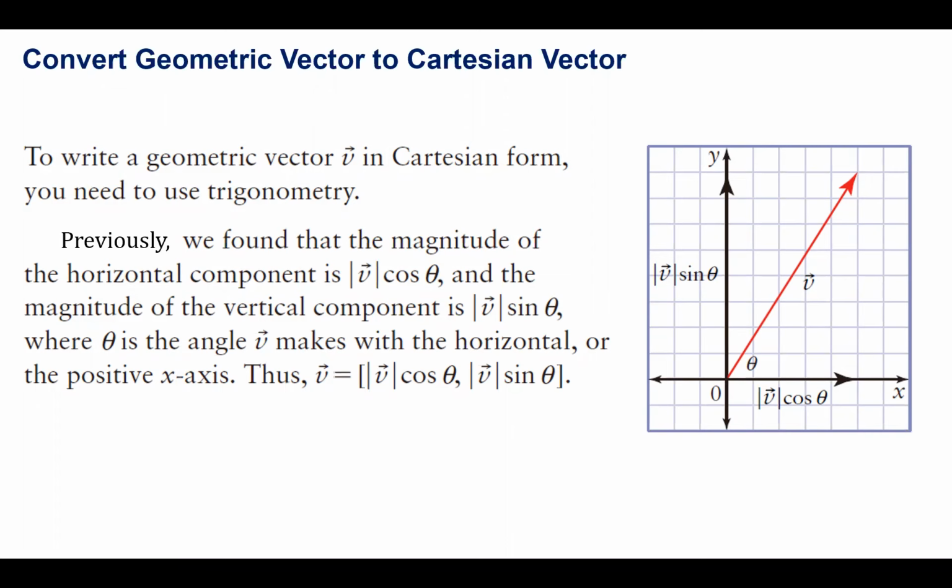And the magnitude of the vertical component is the magnitude of V times sine theta, as shown in the figure on the right, where theta is the angle the vector V makes with the horizontal or the positive x-axis. Thus, we can express vector V as magnitude of V times cosine theta and magnitude of V times sine theta. So this is the Cartesian form of vector V.